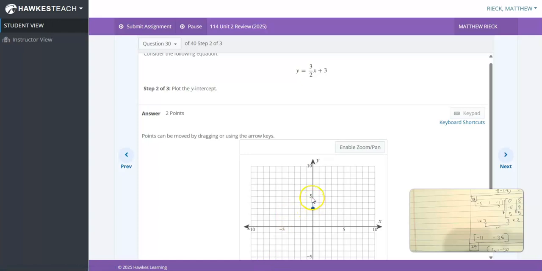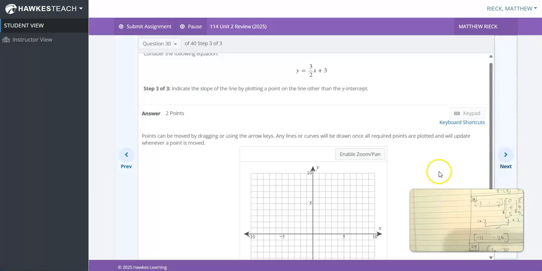So we go up 3, 1, 2, 3, over 2. There we go. That's a weird way of doing it.